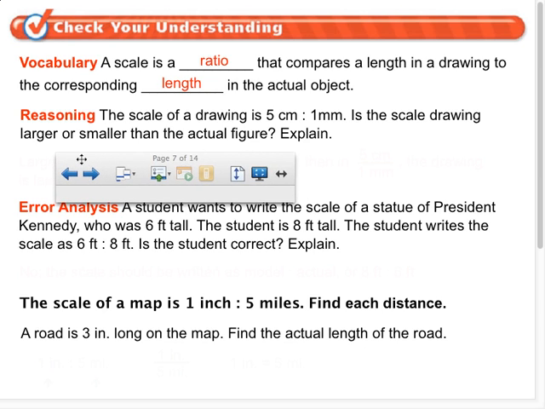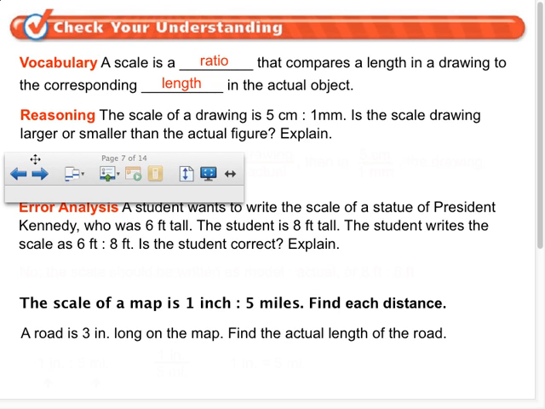Let me get a volunteer for this one. The scale of a drawing is 5 centimeters to 1 millimeter. Is the scale drawing larger or smaller than the actual figure? Explain. I hear some people kind of talking to themselves.